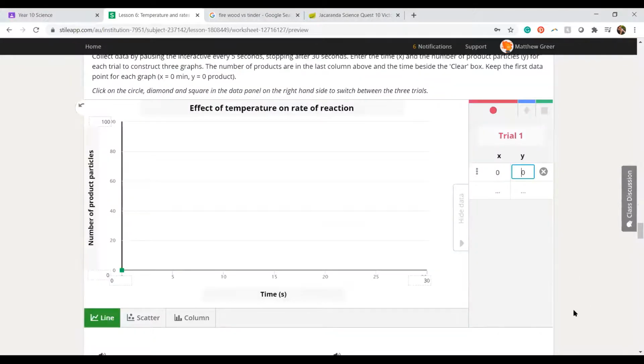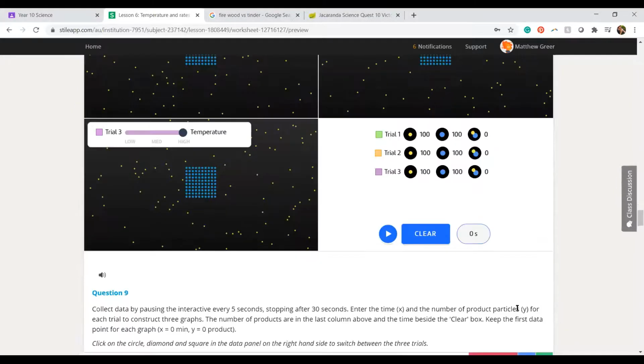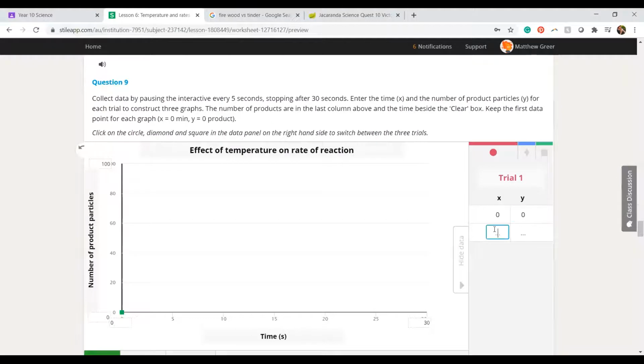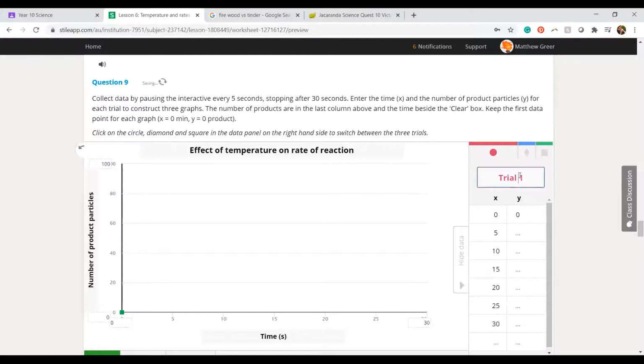I couldn't get this to work last night because I just couldn't figure it out. But I think what you do is you go 5, 10, 15, 20, 25, and it's going to take you a little bit of time to do. We'll call this one the hot one, this one the medium one, and this one here the cool one.